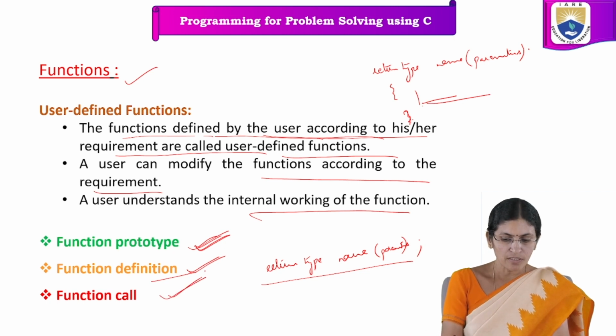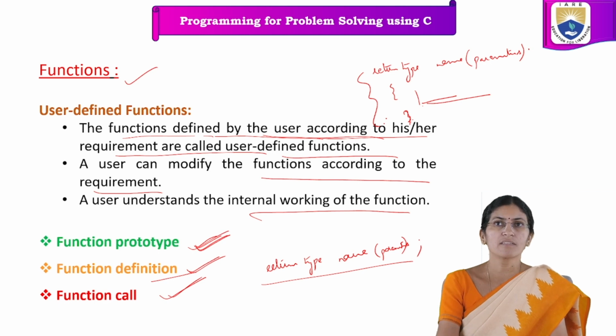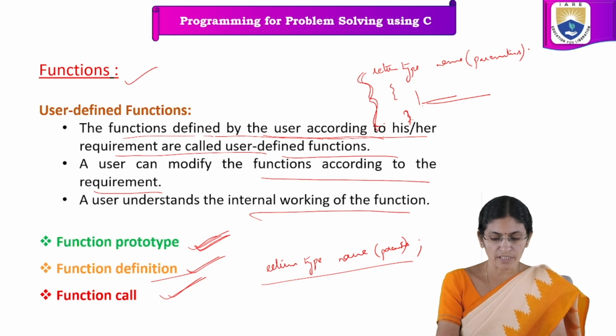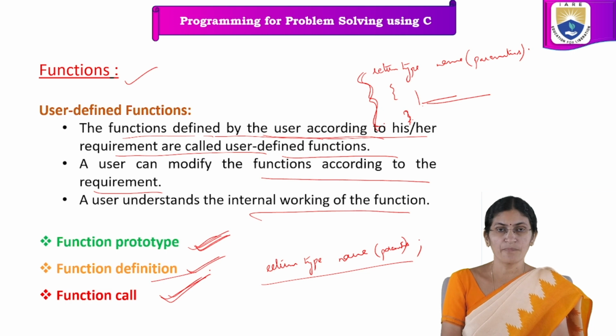Then function call. In order to execute the statements written in the function definition, or to perform this specific task, we have to call the function. That is done by function call. In the function call, we just write the name of the function, and inside the parentheses we write the parameters.